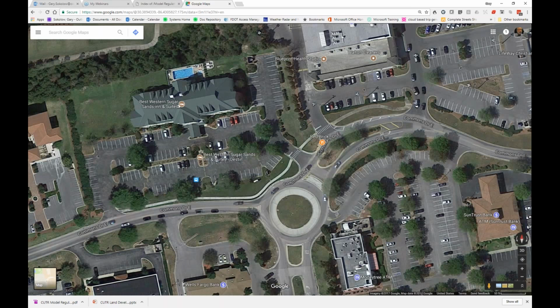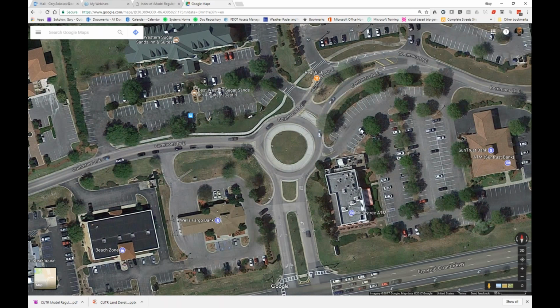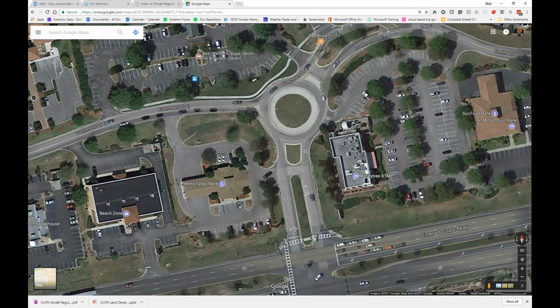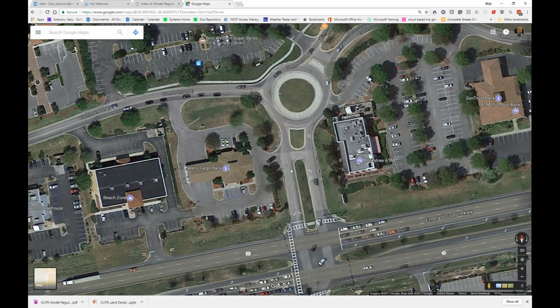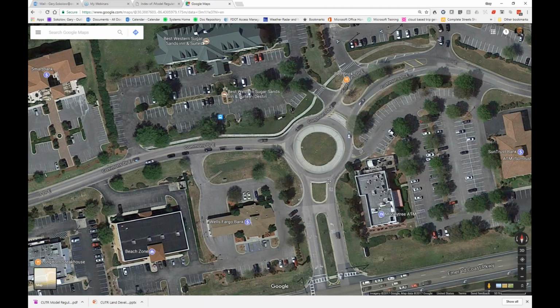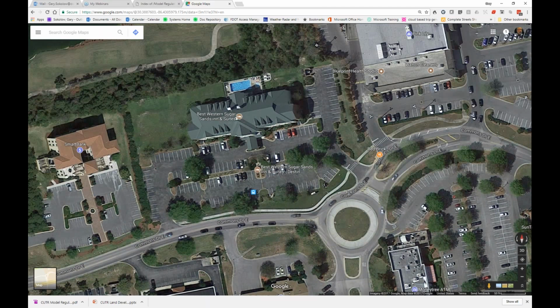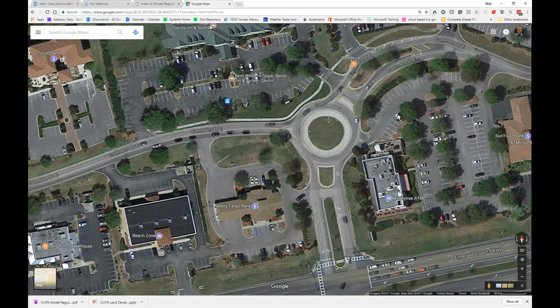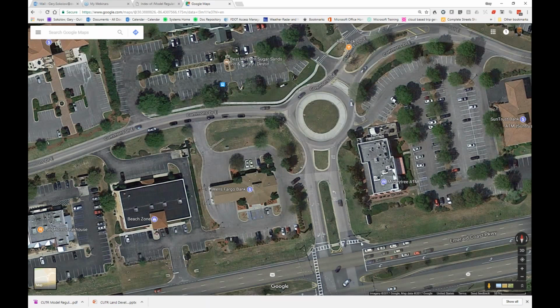Wait a second, I was wrong. Yeah, there's Fridays and the bank. Okay, they've since put in the roundabout there, because there's the hotel, and they still have no sidewalks here to get to Fridays real easily.